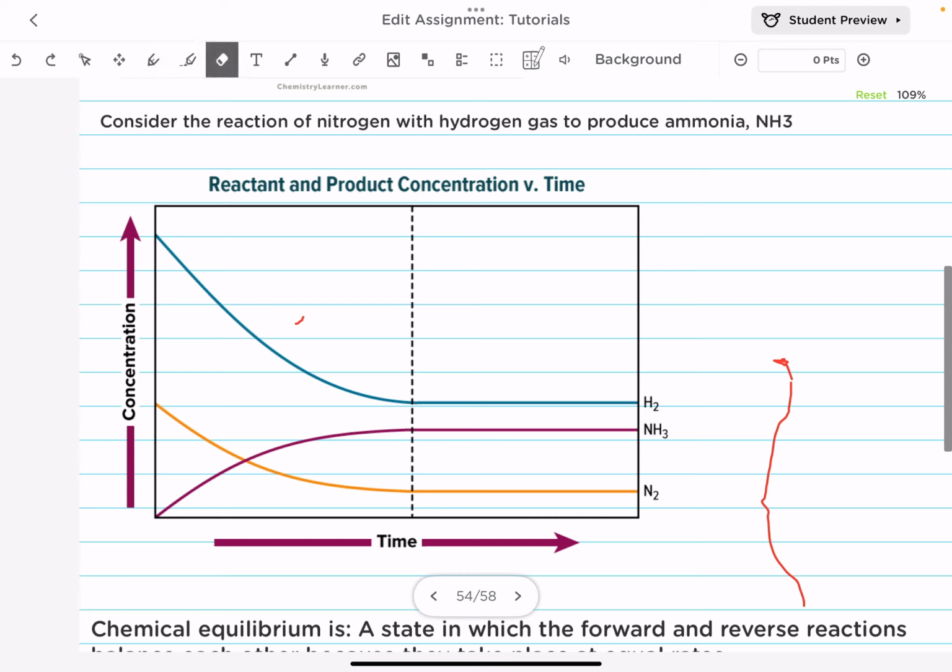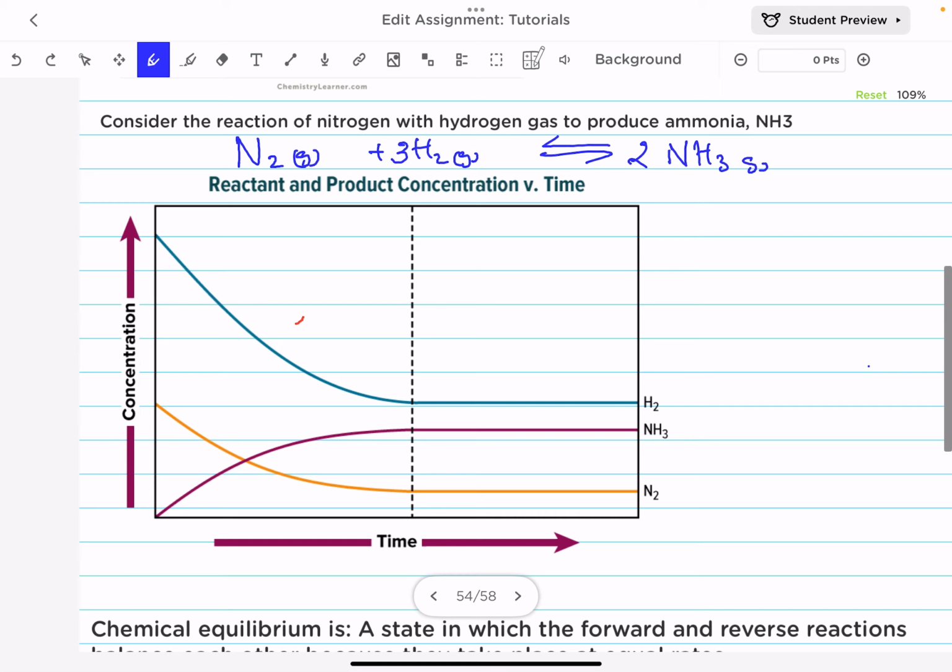So first, let's give an example. Consider the reaction of nitrogen gas with hydrogen gas to produce ammonia, and I'm talking about a reversible reaction. So here we go. At start, I only have reactants.